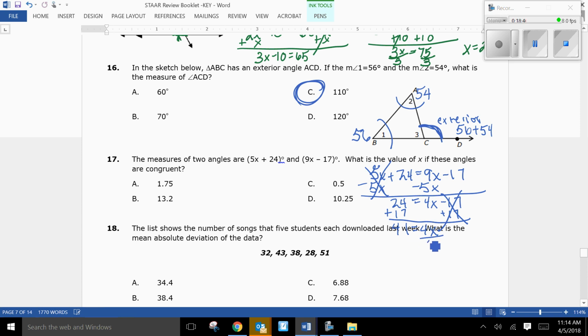And I'm going to divide by 4. Dividing both sides by 4, 41 divided by 4 is approximately 10.25. B.